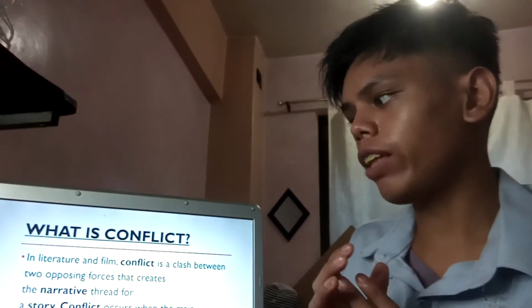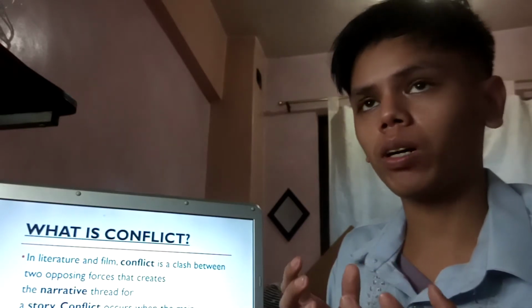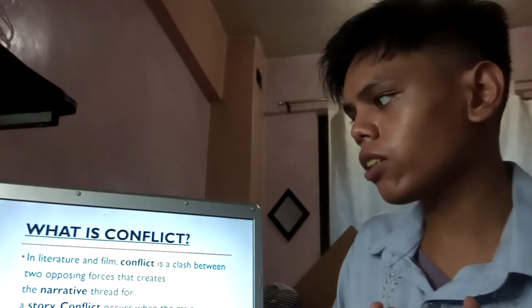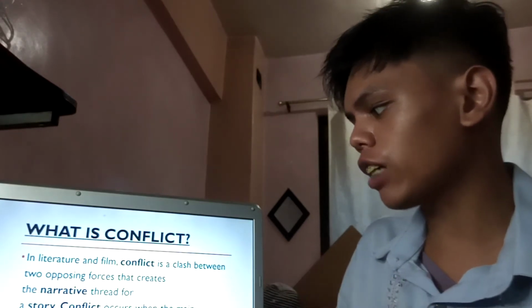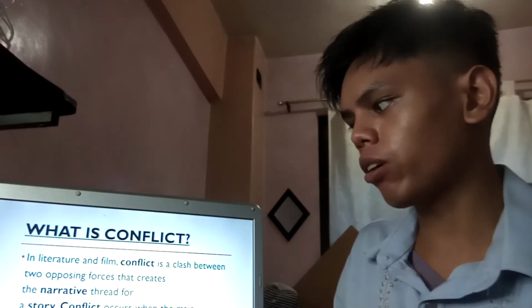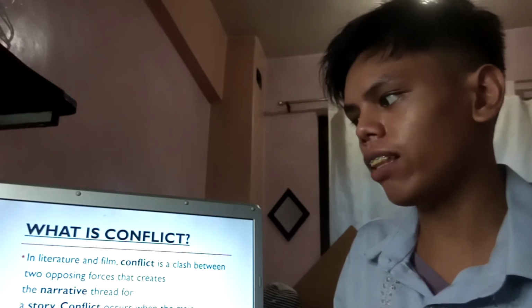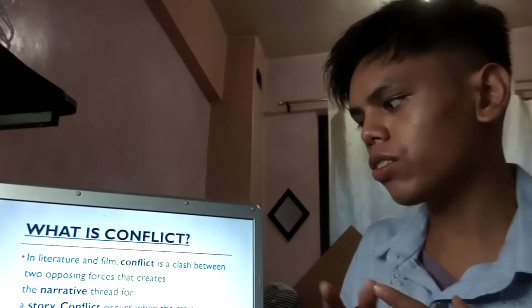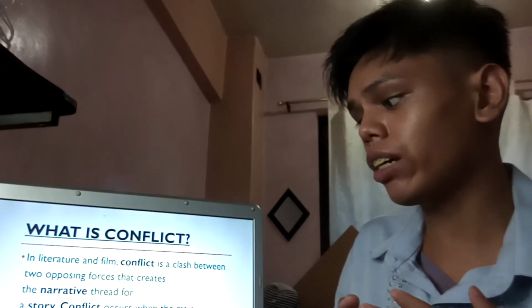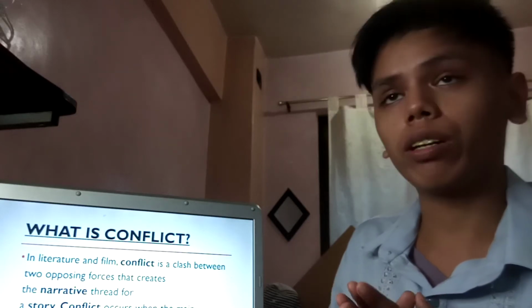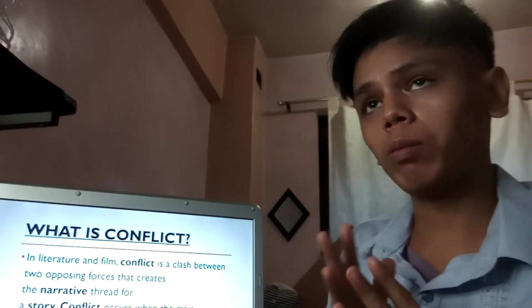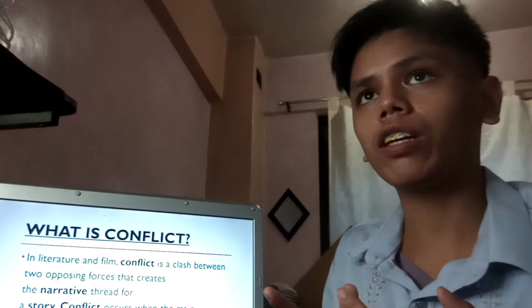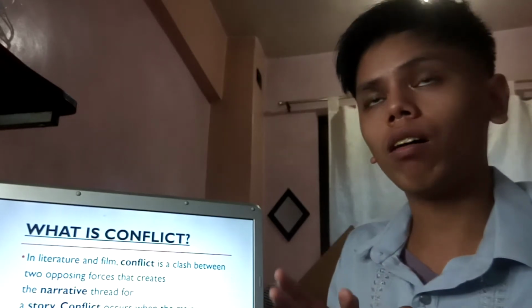So conflict is the problem of the story. In literature and film, conflict is a clash between two opposing forces that creates the narrative thread for a story. Conflict occurs when the main character struggles with either an external conflict or an internal conflict. So, when we say conflict, it refers to the problem of the story.